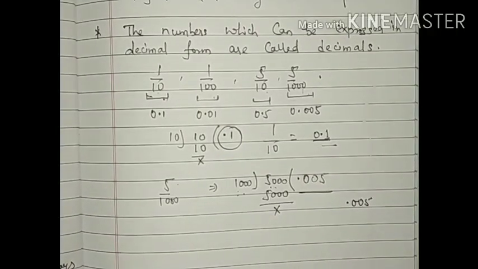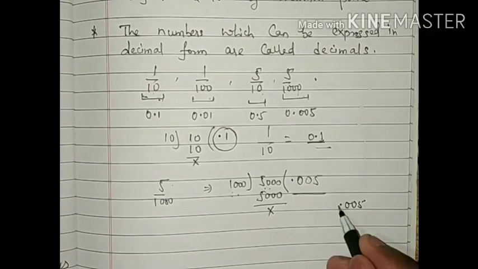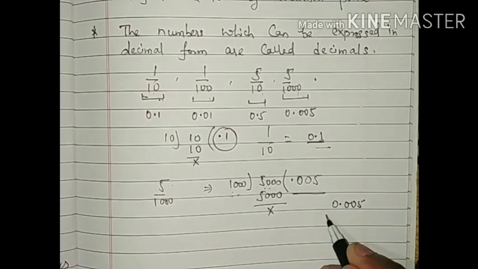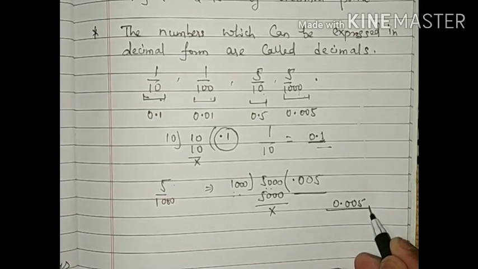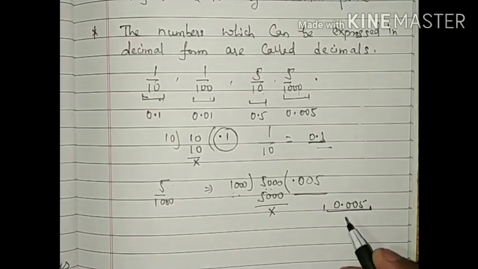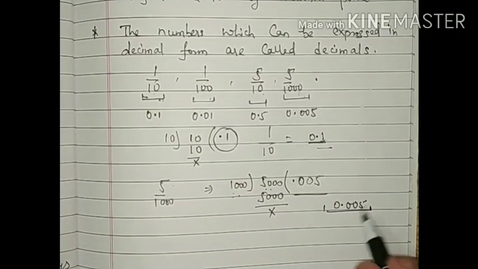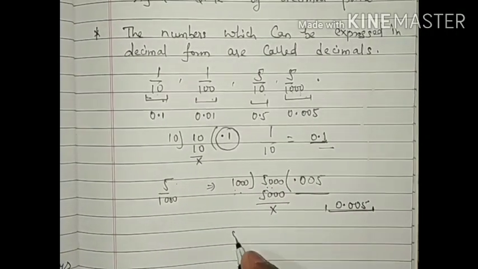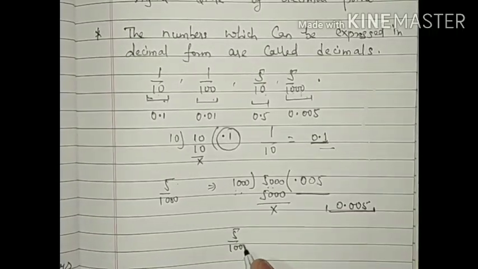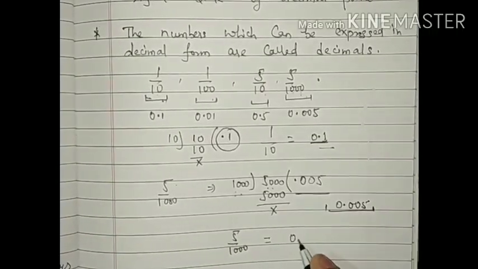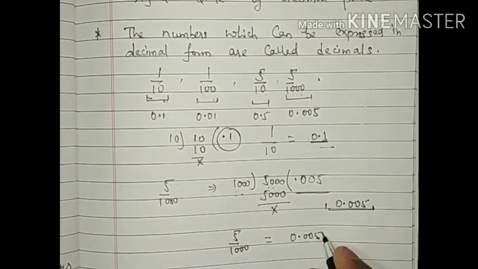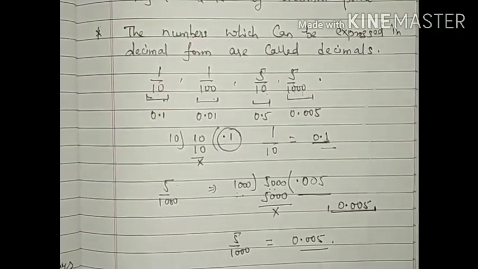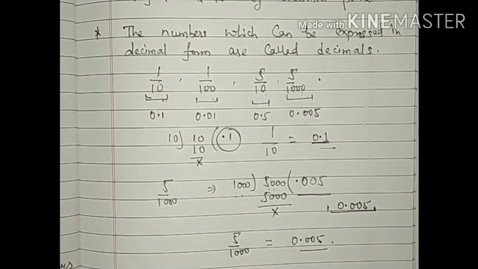And as I said in the last question, we can write a 0 on the left side of the decimal point to make it more eye-catching and clear. So 5 upon 1000 can be written as 0.005. I hope it is clear to everyone.